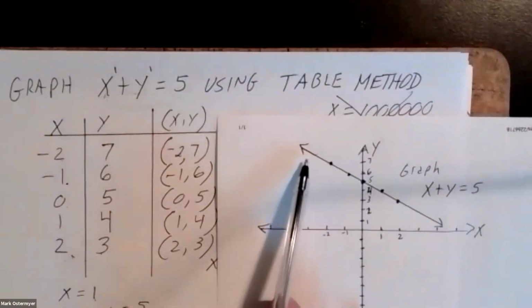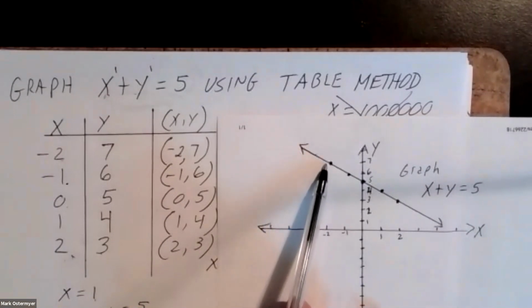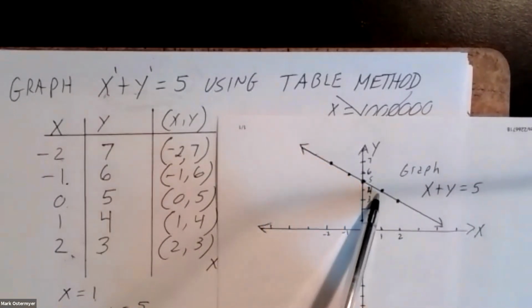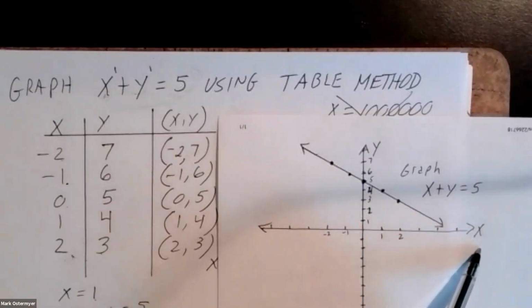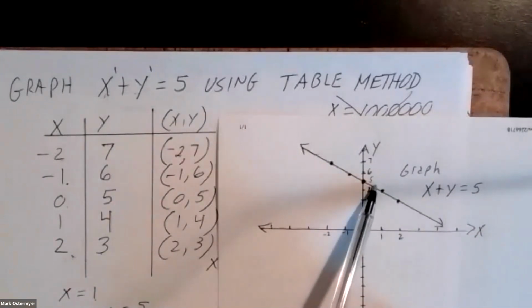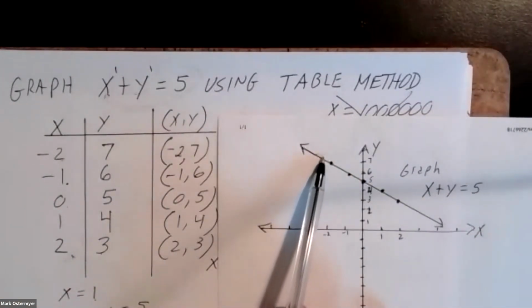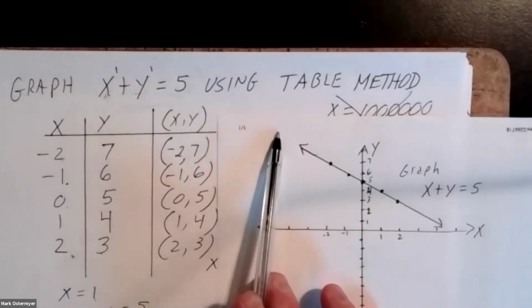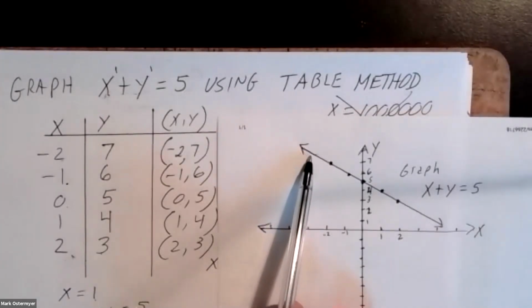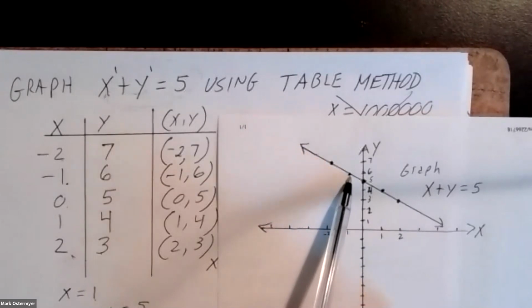So how many points are on this line? How many points are on this line, Liz Owen? 5. Only 5? Do you think there's any other solutions or points on this line? Yeah, some more. Well, that's a solid line, correct? That means, ladies and gentlemen, there's an infinite number of points or ordered pairs on this line.